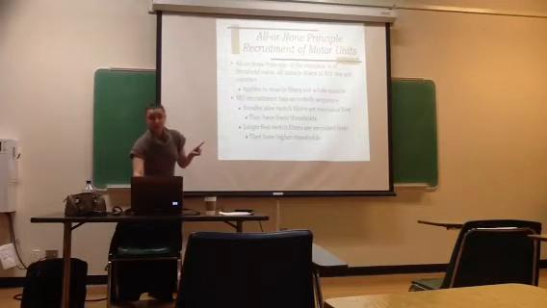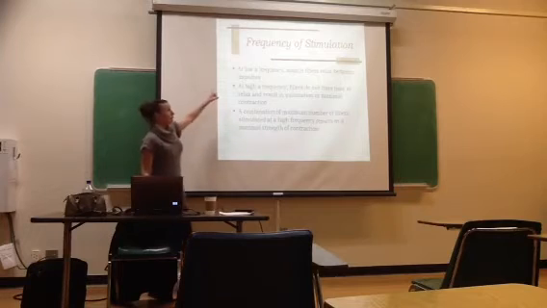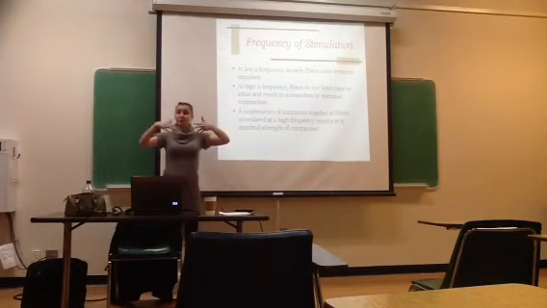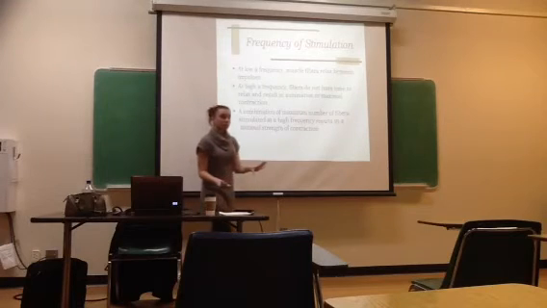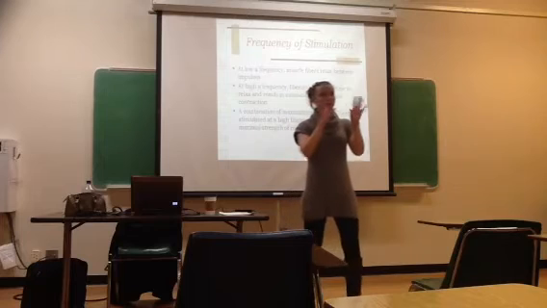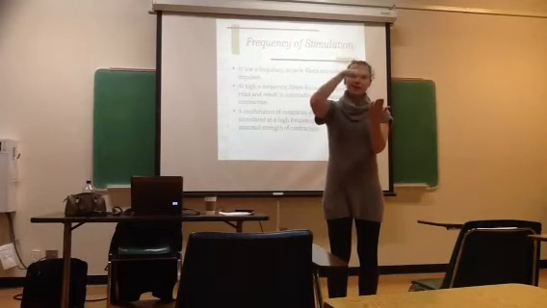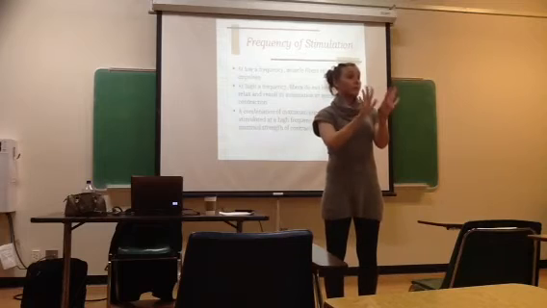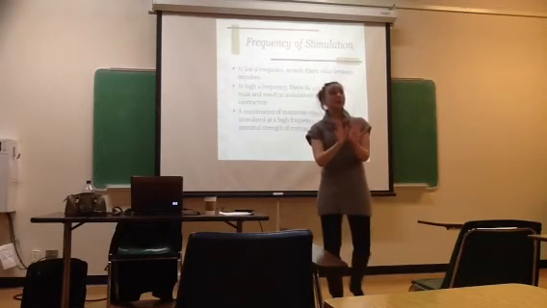Now let's go to frequency of stimulation. At a low frequency, this is the speed of the action potential. So this is not which ones are being stimulated or not. This is within one motor unit, how fast the action potential is occurring to that motor unit, regardless whether it's slow twitch or fast twitch. This is how fast it's coming in.